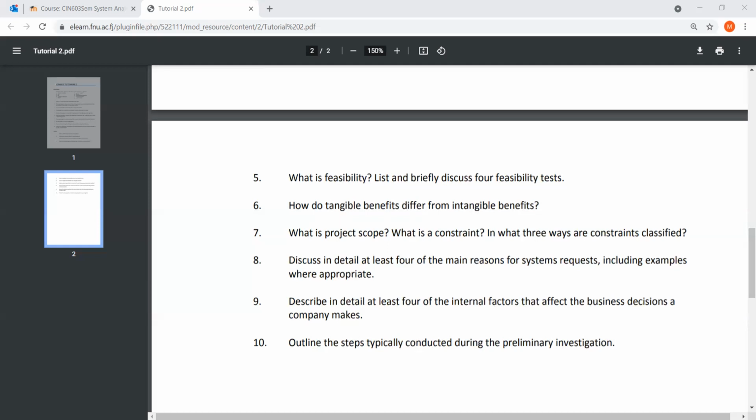Schedule feasibility means that a project can be implemented in an acceptable time frame.